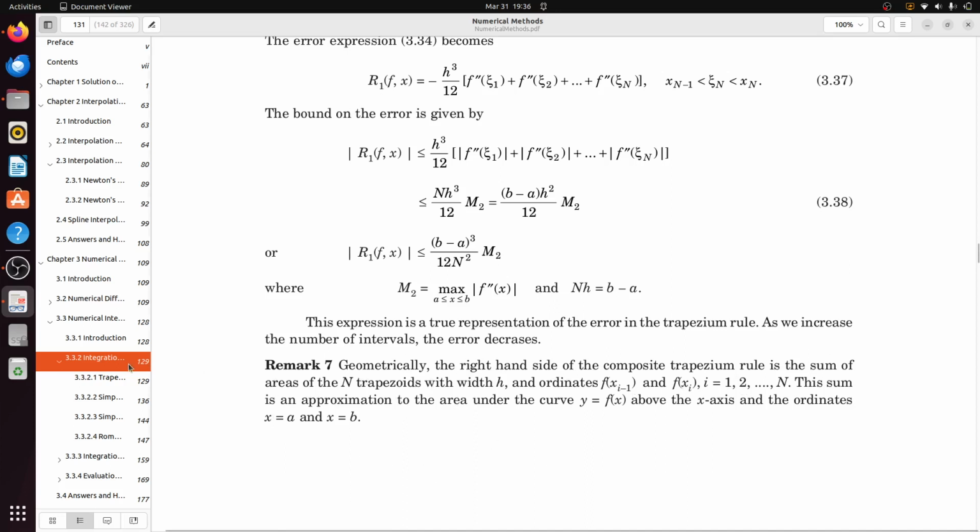This sum is an approximation to the area under the curve y equal to f(x) above the x axis and between the ordinates x equal to a and x equal to b.